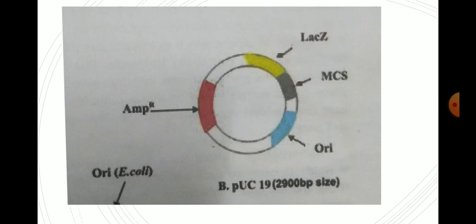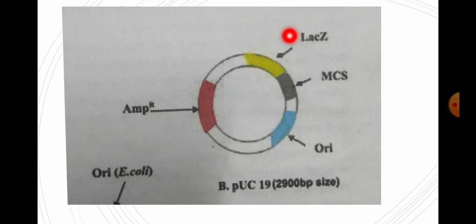The lacZ gene is responsible for making the beta-galactosidase enzyme, and this beta-galactosidase enzyme produces blue color. So the cells which have this lacZ gene produce bluish colonies.